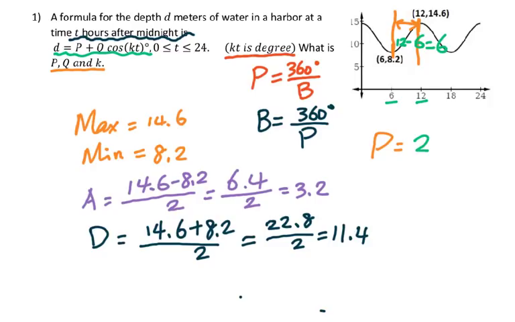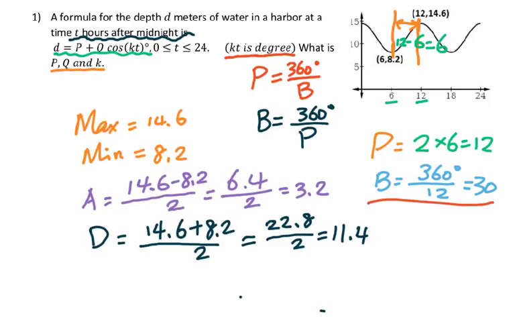Therefore, period will be 2 times 6 equals 12. And we can figure out that B equals 360 degrees over 12. That's 30.